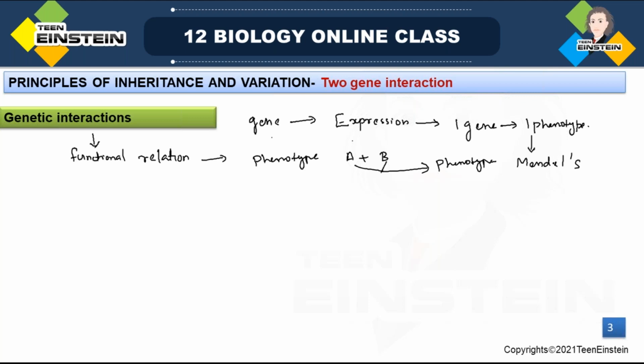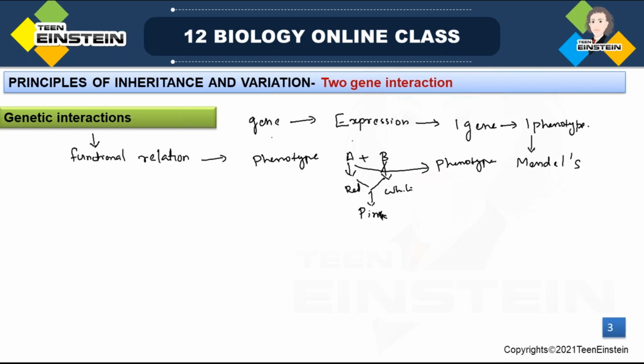See, one gene, say A, forms a red flower, and the other gene forms a white flower. But when both interact together, they form another color, like pink. Just as an example.